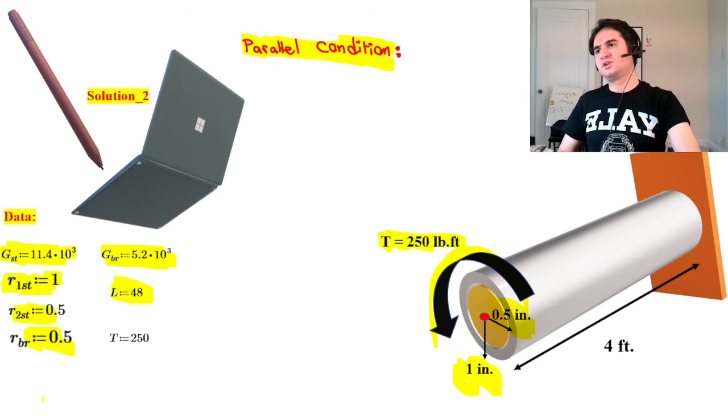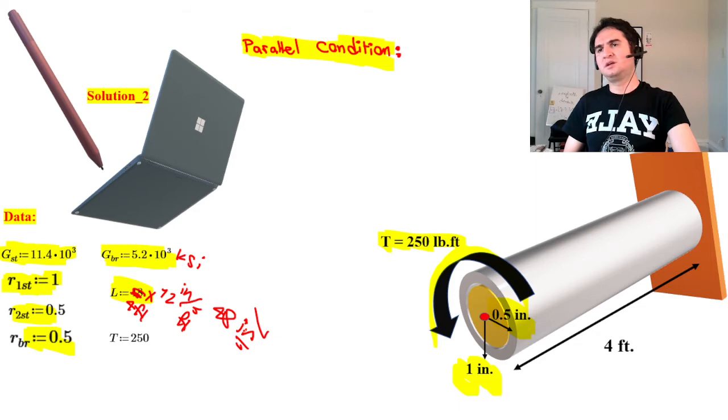The length of the shaft is provided in feet, so we multiply 4 feet times 12 inches per foot, which gives you 48 inches, because the units are in ksi and we are interested in inches. And a torsional torque of 250 pound-feet is applied.